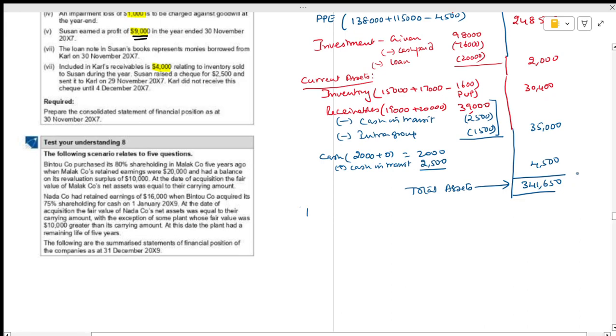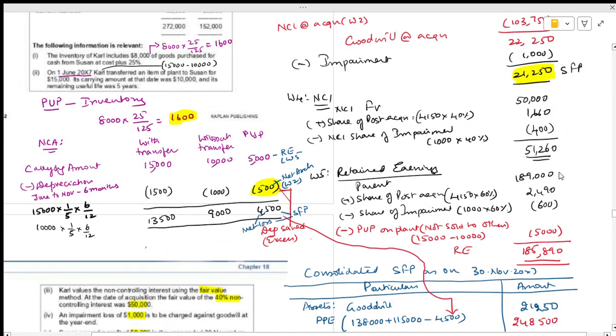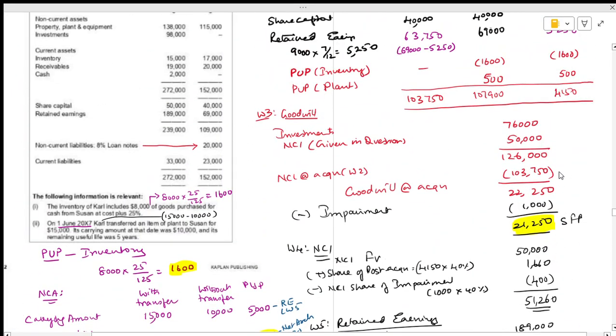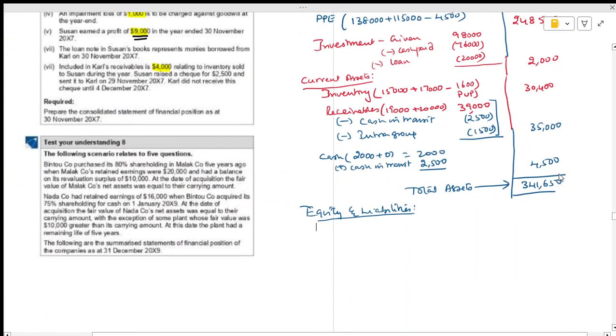Next, equity and liabilities. Is it right? How much is there? Share capital is 50,000, only parent. Retained earnings, we have done working 5.